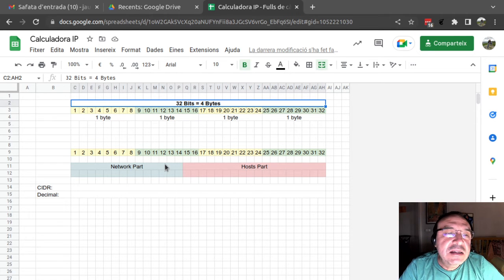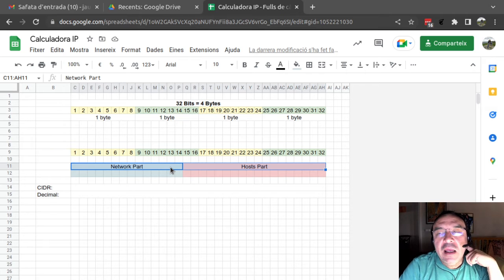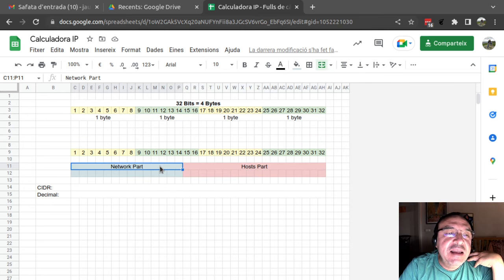One IP address has two parts. One is the network part and the other one is the host part. Why is it? All the computers, all the hosts, all the equipment in one network should have the same bits in the network part, so they will be in the same network.